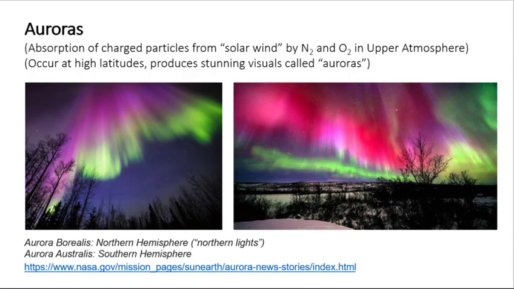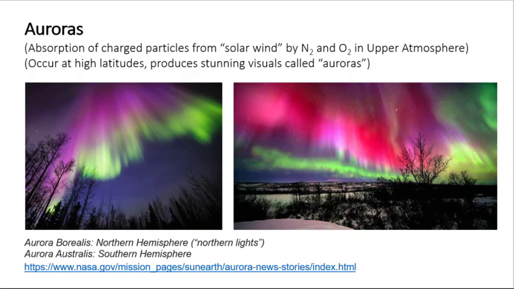What is happening is the stream of charged solar wind particles, through a complex process, causes a subsequent transmission of charged particles normally trapped in the Earth's magnetosphere in the upper atmosphere downwards towards the surface. This downward transport occurs mainly at the Earth's high latitudes.